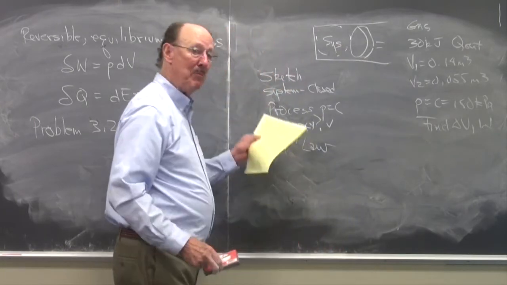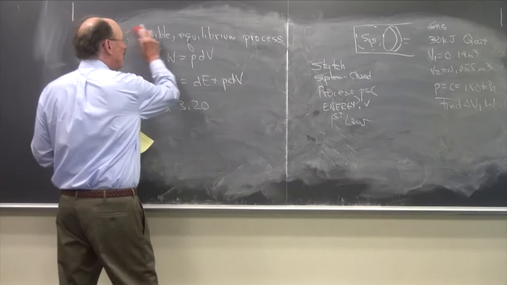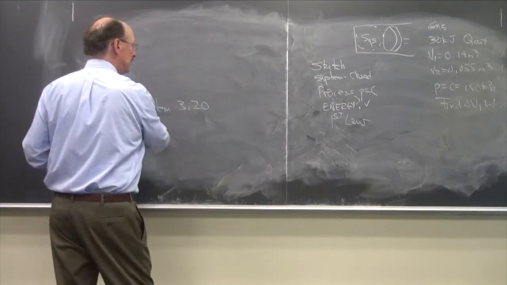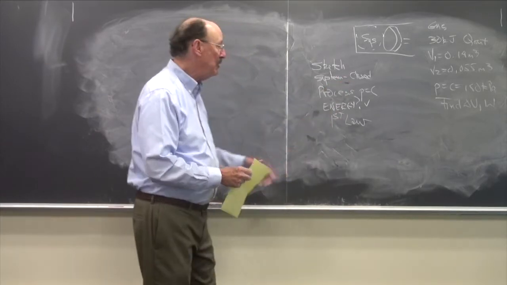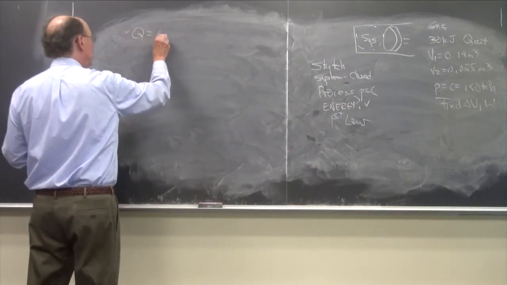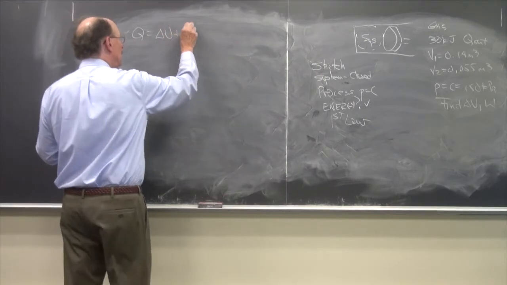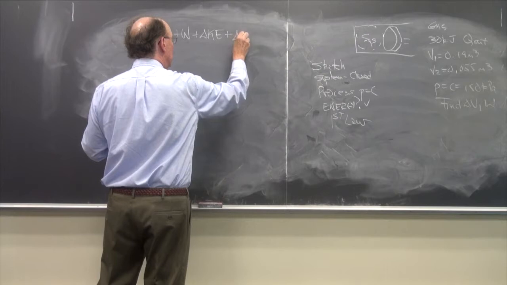So you've read the problem, you've thought about what's happening, and now you write down the first law for a closed system. You said that it's a closed system, so now you know what to do. Q is equal to delta U plus W plus delta KE plus delta PE.